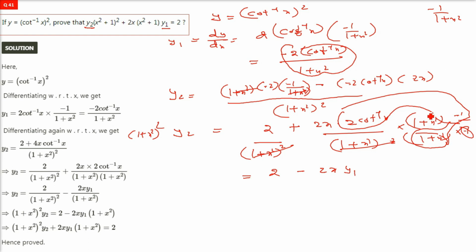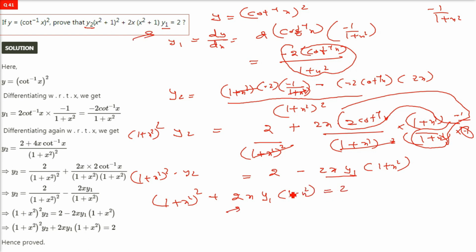There is one more thing: 1 plus x square we also introduced. So 1 plus x square is also there, and you have 1 plus x square whole square into y2. Bring everything to the left hand side: 1 plus x square whole square into y2 plus 2x y1 into 1 plus x square, and this 2 you can keep on the right. Okay, this is your solution.